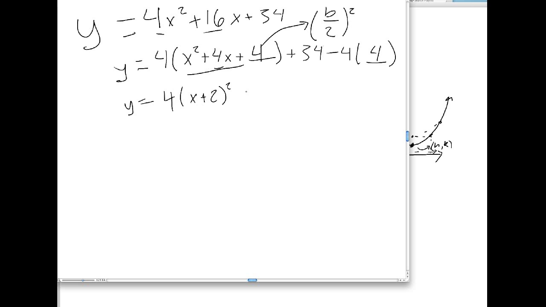So 34 minus 16 gives me 18. So it's going to be plus 18. So from here, I know my vertex. My vertex is going to be negative 2, and 18, because my vertex is given as h and k from standard form.